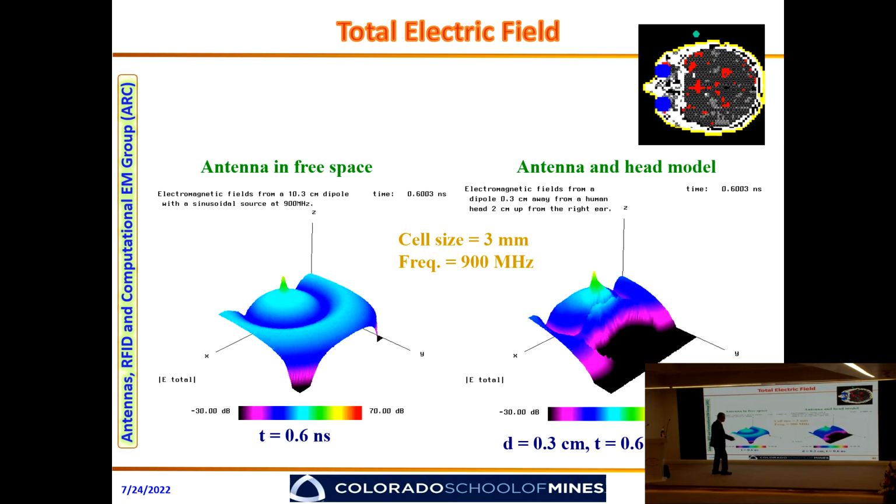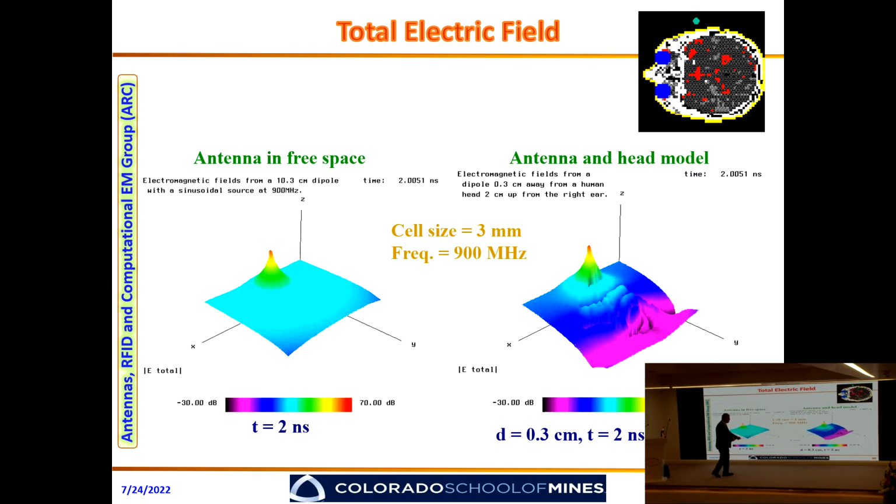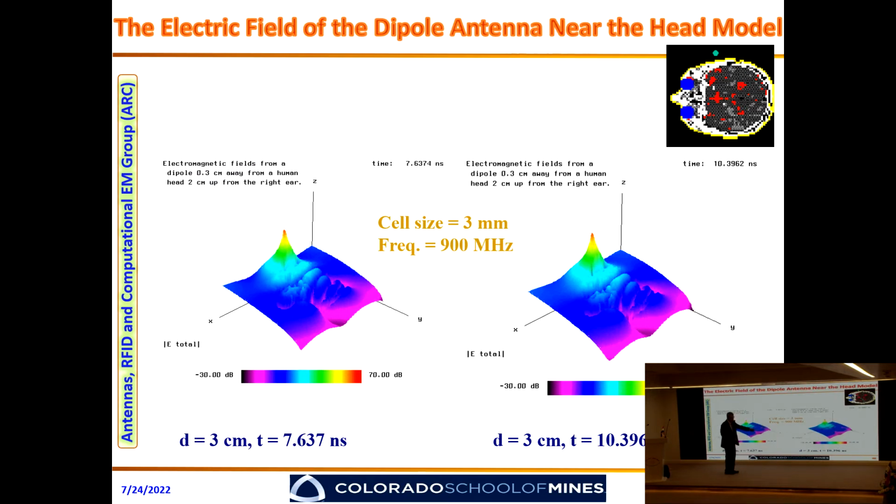This image is at time equal 0.6 nanosecond, and then at 2 nanoseconds in free space, and closer to the human head, you can easily see that the accumulation of the field already started to show up inside the human head. Watch for this image at 2 nanoseconds and this image at 10 nanoseconds.